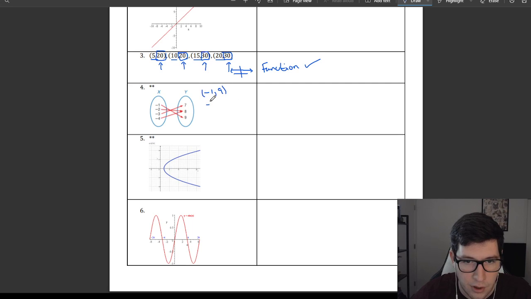I then have -2, 8. -3, 7. And then -4, 8. Again, I'm looking at this column here and seeing that none of these get repeated, and they don't. And so I know, hey, just like before, this is, in fact, a function. Check.